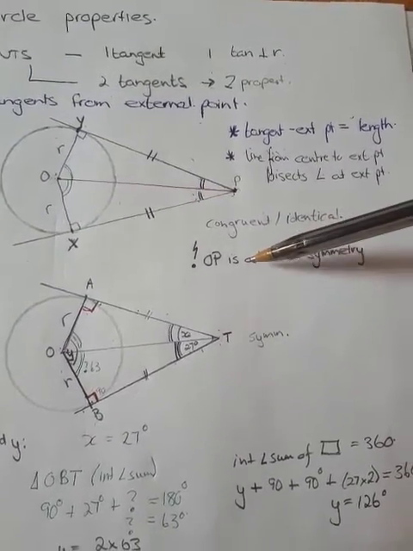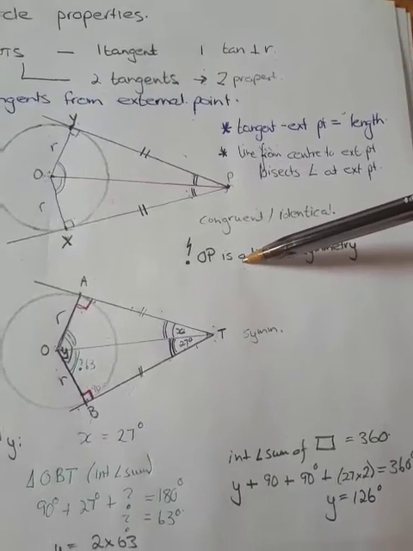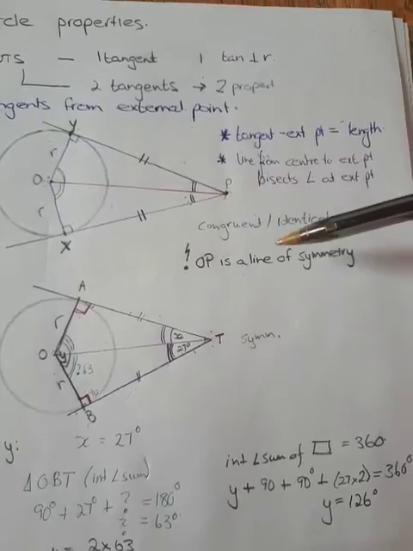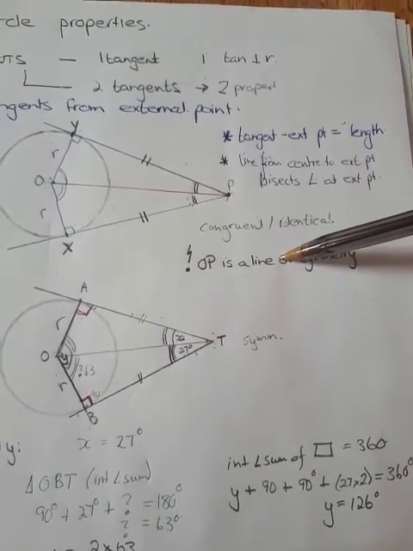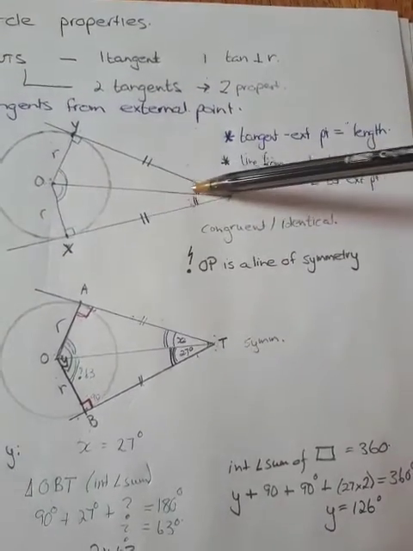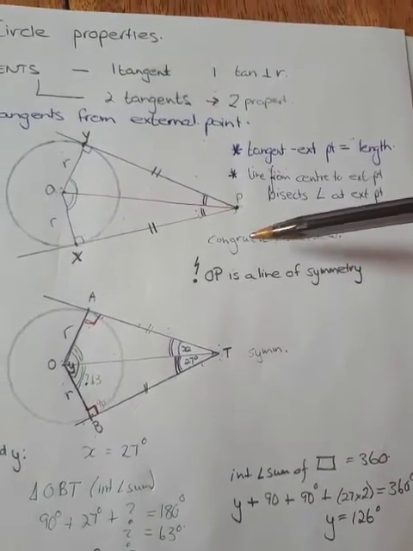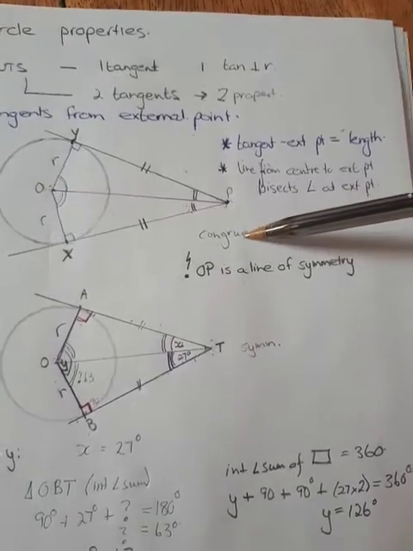And don't forget the last important fact: the line from the center to the external point is a line of symmetry, which automatically gives you two congruent triangles, meaning two identical triangles.